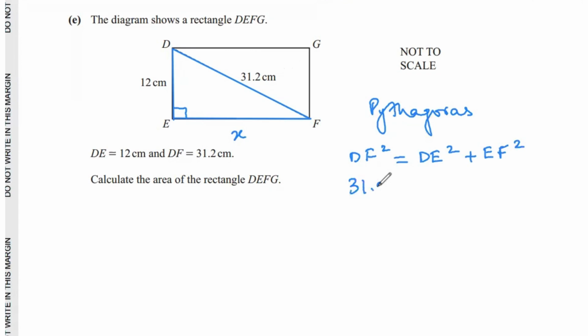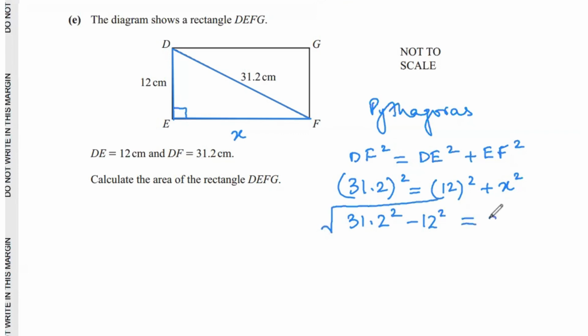where DF squared, the hypotenuse square, would equal DE squared plus EF squared. So that's 31.2 squared equals 12 squared plus x squared. So the square root of 31.2 squared minus 12 squared equals x. So that's the square root of 829.44.